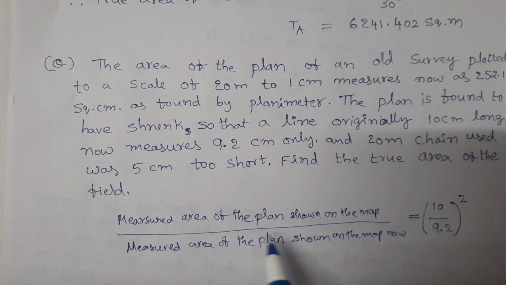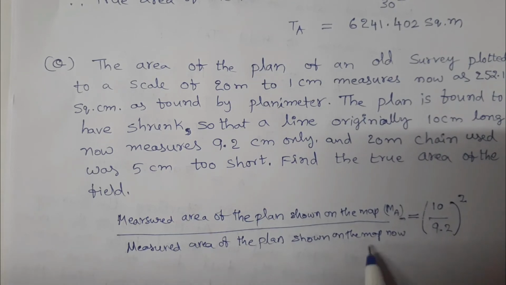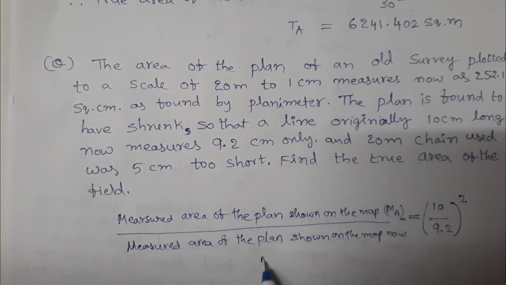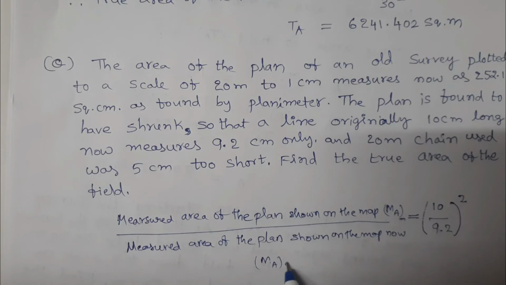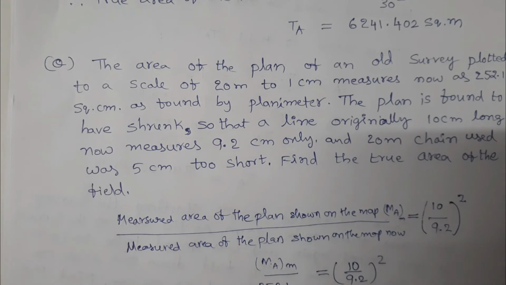Measured area of the plan shown on the map, say it is MA, divided by, now it is showing 252.1 square centimeters, is equal to 10 divided by 9.2 whole square.